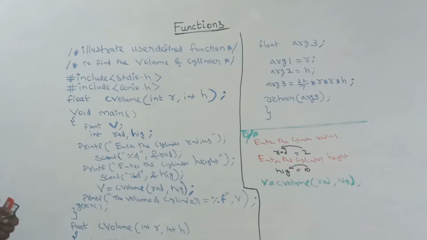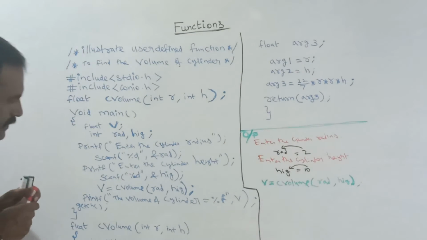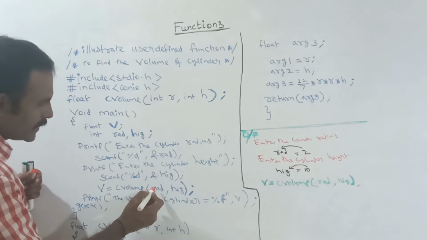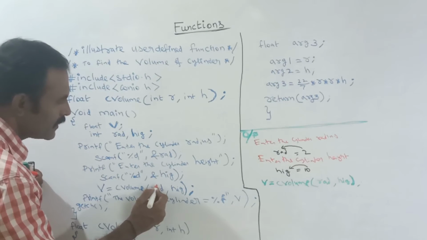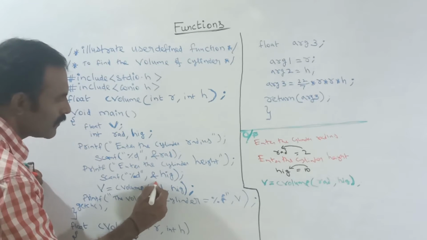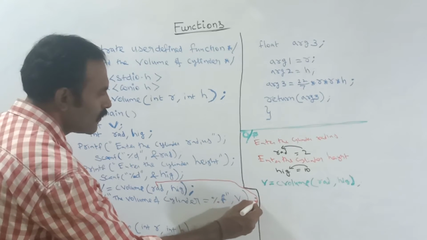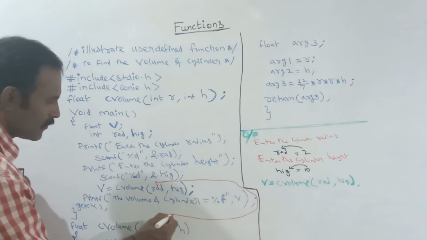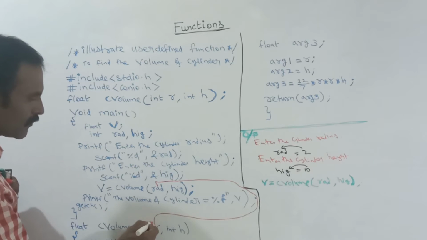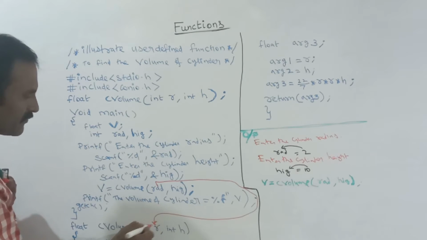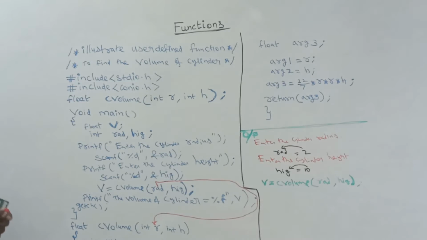So see, this is important. Here this RAD will be stored to the first argument in the function definition.